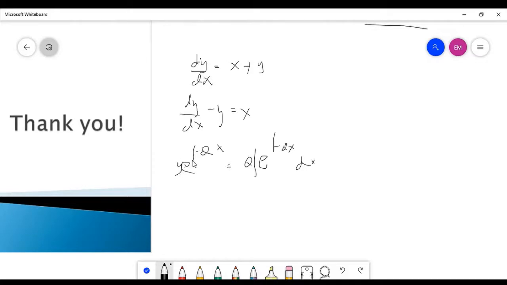So in here we have e raised to the integral of negative dx. The result is e raised to negative x. So substitute here.